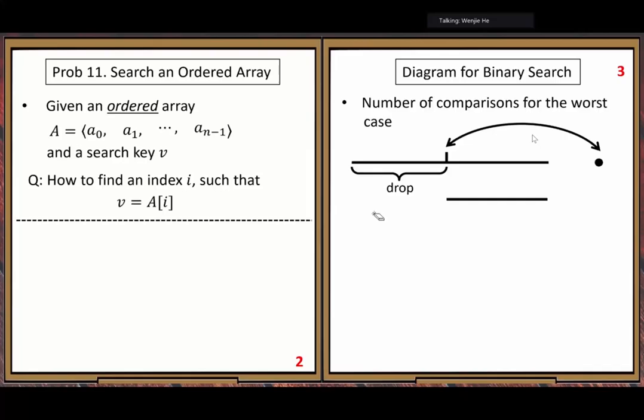Then in the remaining data, the next comparison is with the median element in the current array. So another subarray is dropped. The size of our current data is reduced by another half, and so on.